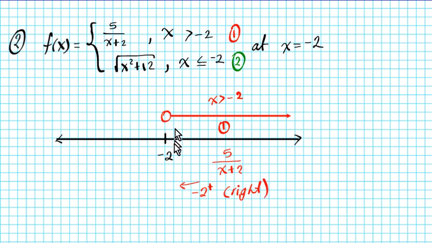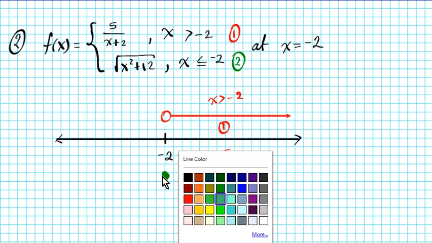Different story from the other side. From the other side, we have a closed circle for function 2, and we are going in the left direction.